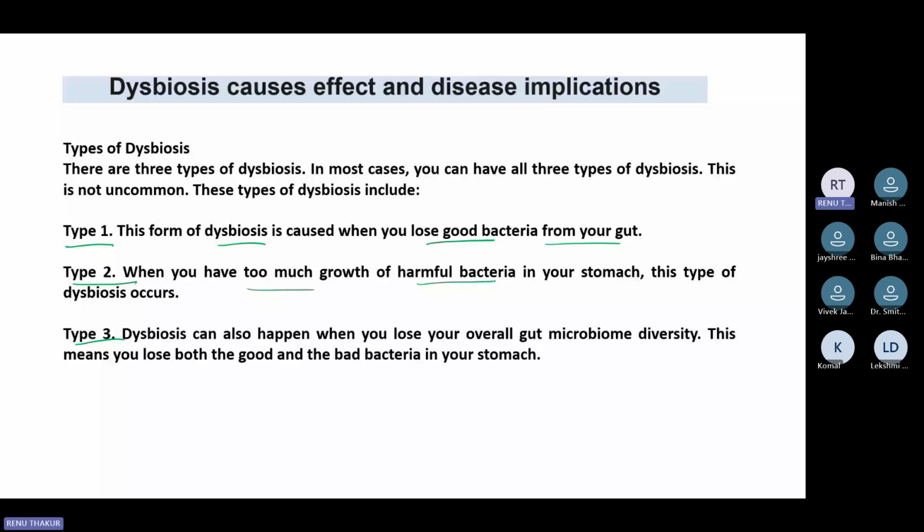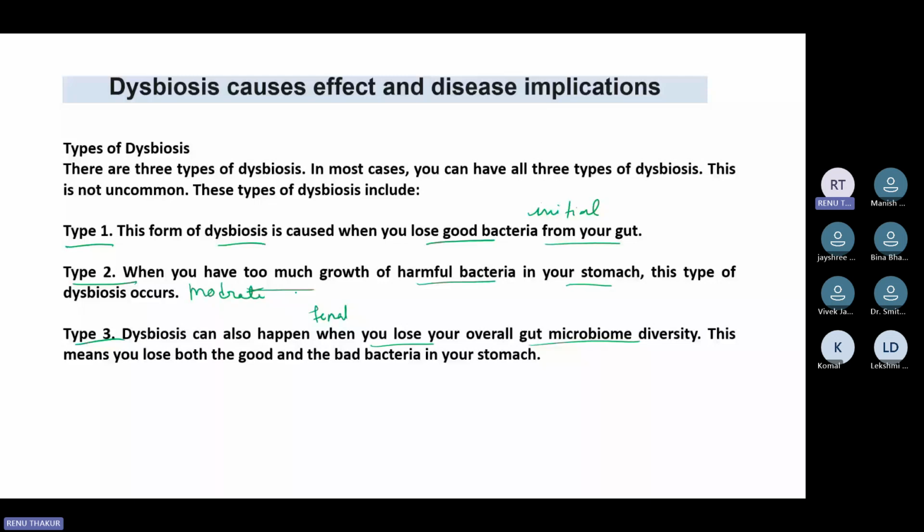Dysbiosis can also happen when you lose your overall gut microbiome diversity. If some amount of good bacteria is lost, then it is type 1. It is the initial stage. Type 2 is the moderate one, and type 3 is the final stage. From moderate onwards, it is an alarming situation.